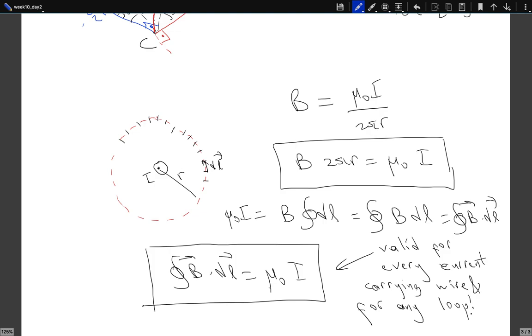So whatever wire you have, you don't even need to have a single wire. You can have, I don't know, hundreds of wires. This relation is still valid. Well, let me just change it slightly.